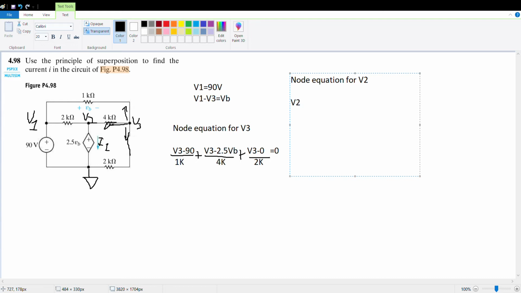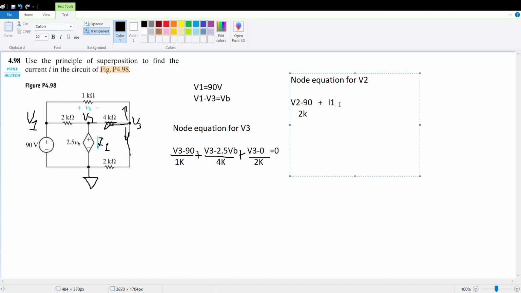So V2 minus 90 over 2 kilo ohms equals that current, plus the current I1, which is leaving through the branch across the dependent source.